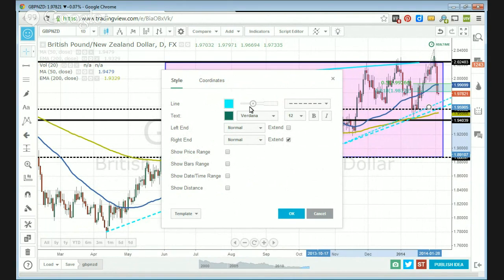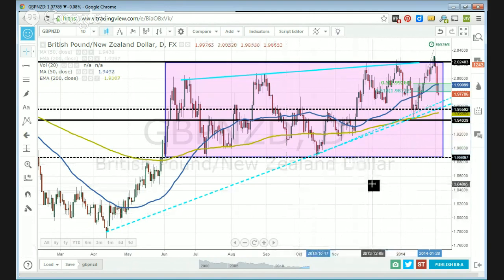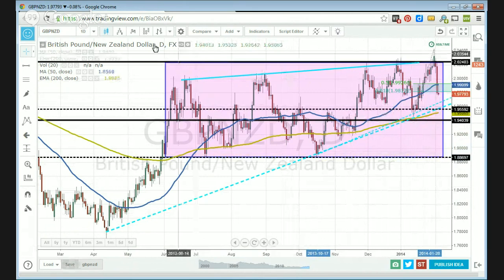Let's make them a little thinner also. Not that thin. Okay, so that gives us an idea. If we can fall in that range, especially at this black line here, and 200 exponential moving average, might be an interesting opportunity to go long. We'll see. At this point, though, nothing.